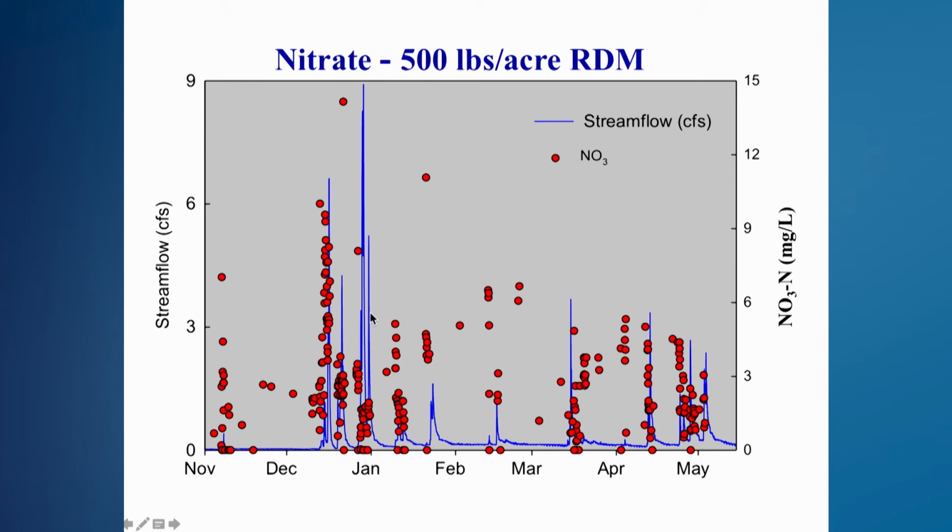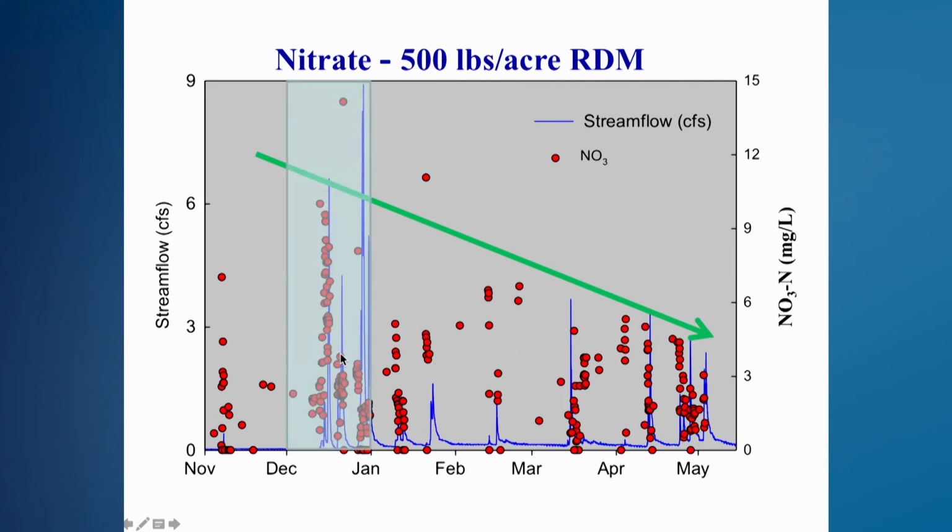I want to make 2 points here. First, seasonally, we see a long-term decrease in the amount of nitrate leaching out of the system. And this is due to that temporal decoupling of the nitrogen cycle. Early season rains are flushing out the nitrate when the trees and grasses are not taking up the nitrogen, but later on in the season, concentrations are much lower as plants are removing nitrate from the soil, preventing its leaching.